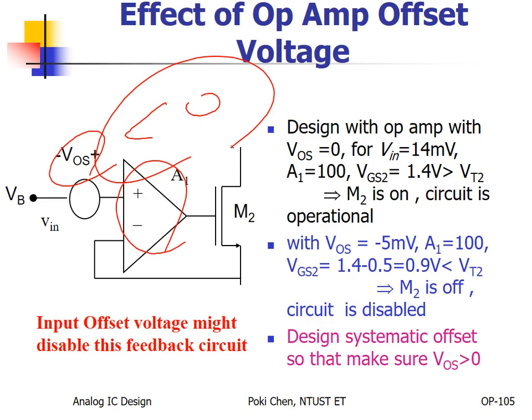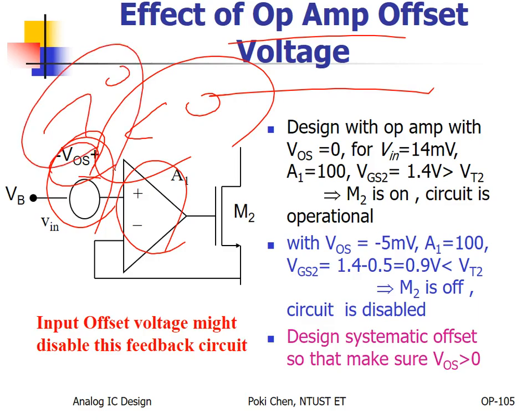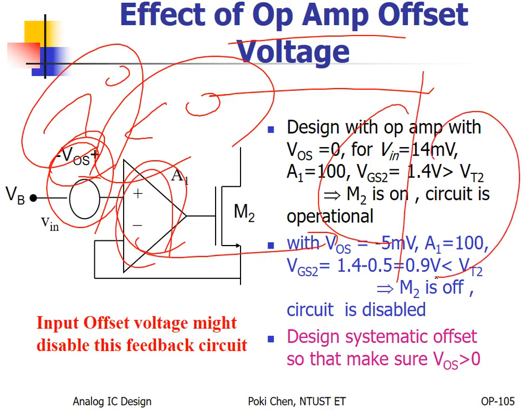Remember? What is the main reason why your amplifier, your op-amp, has such kind of VOS? Simply because their left and right are not symmetrical. So, if you would like to make it positive, simply make the left and the right not the same.